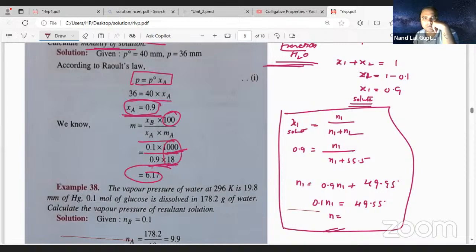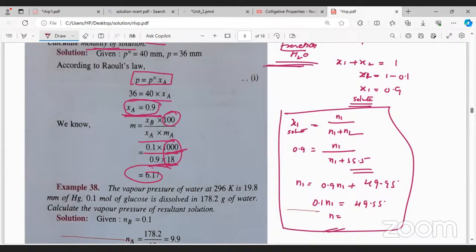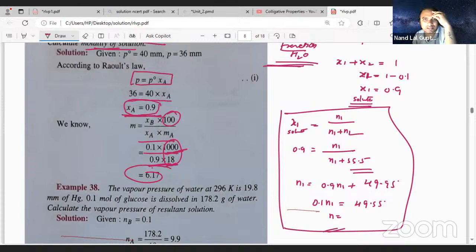If you divide, ours also comes the same. But in this case it is coming in the numerator, ours is coming in the denominator. That is the problem. X solute is equal to n solute, and this is the solvent. I'll check this one. It is a little bit critical.